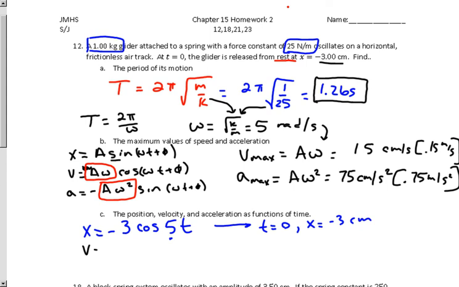Our v function is going to be A times omega, but negative, so negative A times negative omega. We end up getting 15 times the sine of 5t, and we can get that also by taking the derivative of our x function.